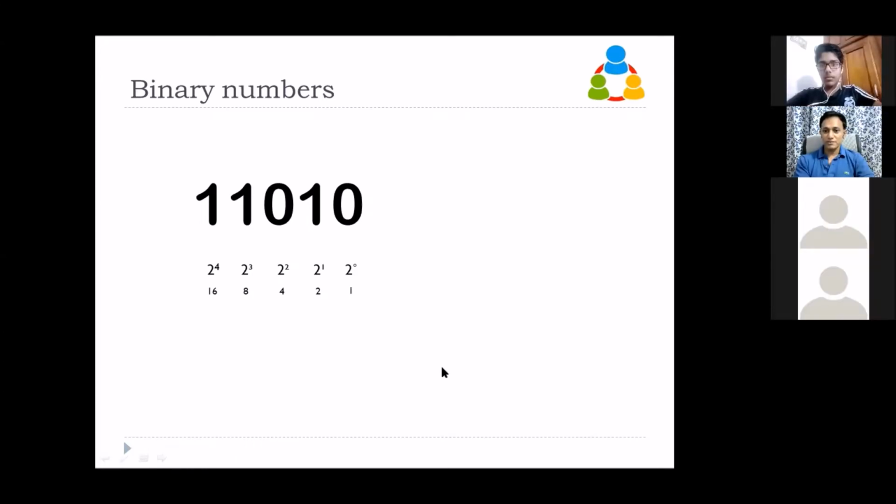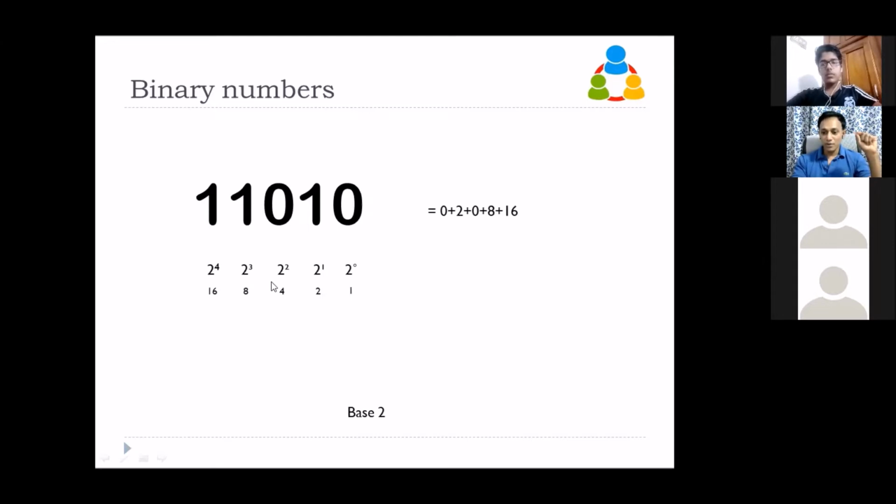See now, the point is how you do this. This is base 2. You add 0 into 2 raised to 0, that is 0. Plus 1 into 2, that is 2. Plus 0 into 4, that is 0. Plus 1 into 8, that is 8. Plus 1 into 16, that is 16.